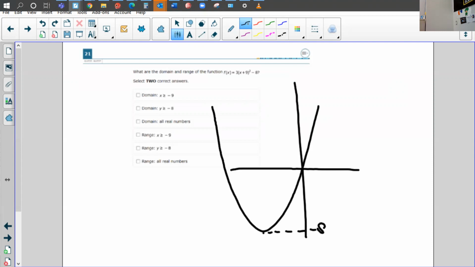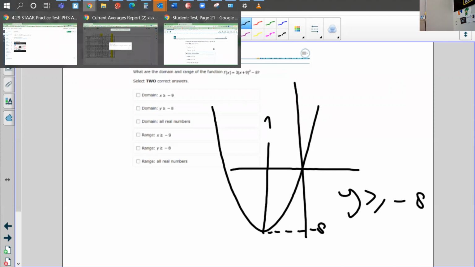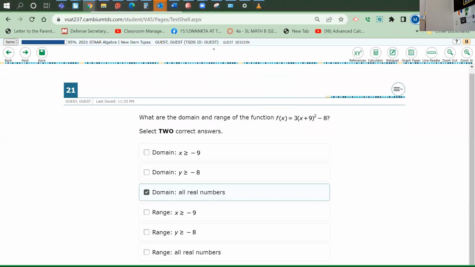So the graph faces upwards and all the y values go that way. So y is greater than or equal to -8. So that's my range. So we go back here and we put the range is, there you go. So that's number 21. Make sure you understand that.